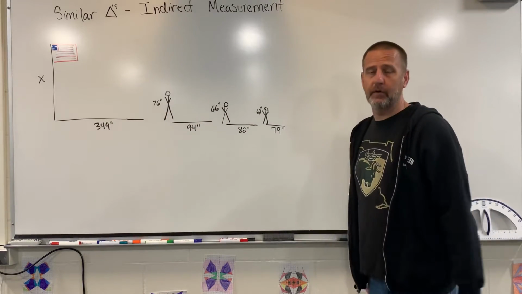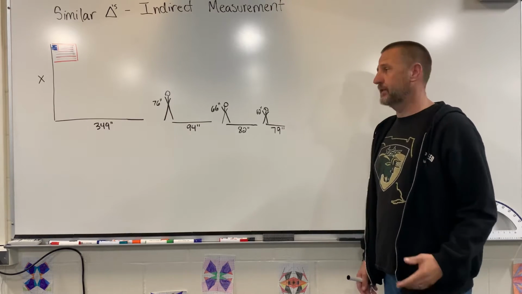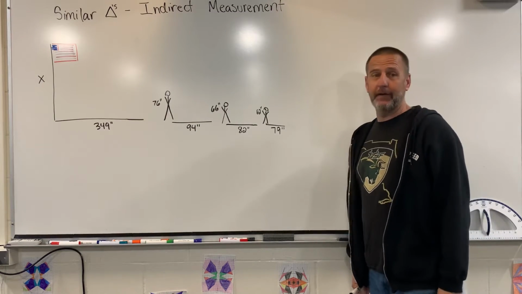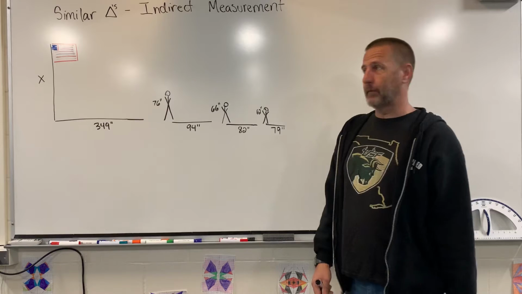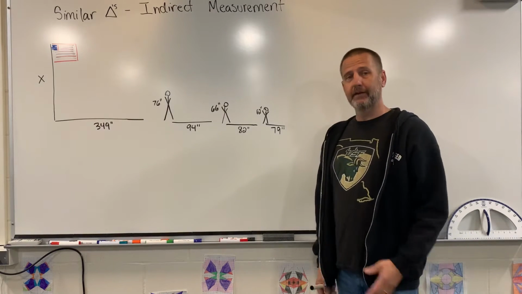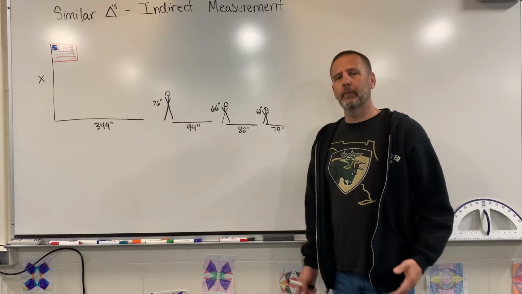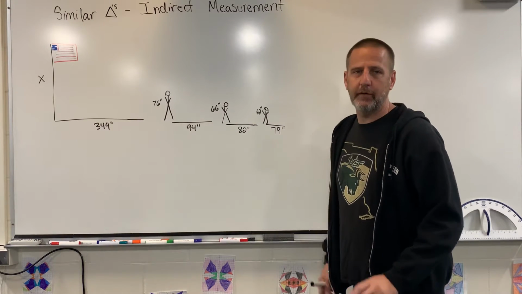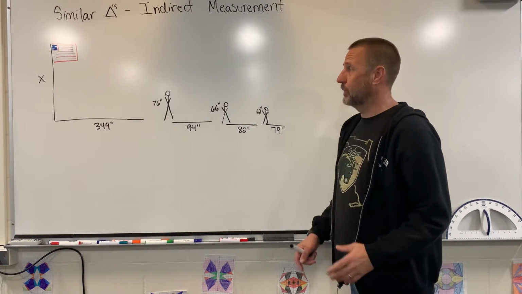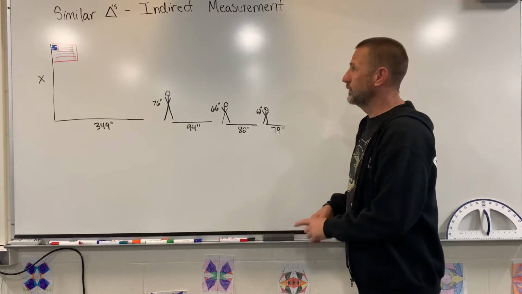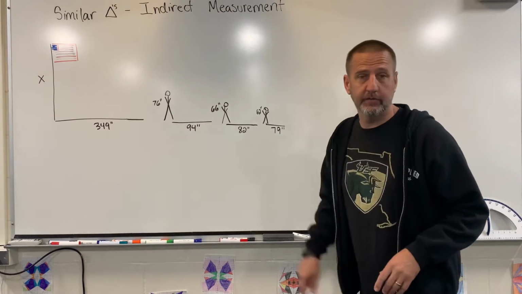They should be very close. There is some margin of error as I'm trying to measure shadows yesterday on a cloudy day where every other minute a cloud will come by and mess up my measurement. But to the nearest amount, we're going to say that these meet the criteria for side angle side. So what I'm going to do is use similar triangles to figure out how tall the flagpole is.